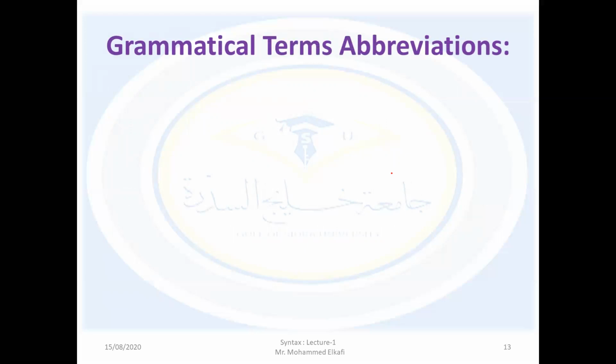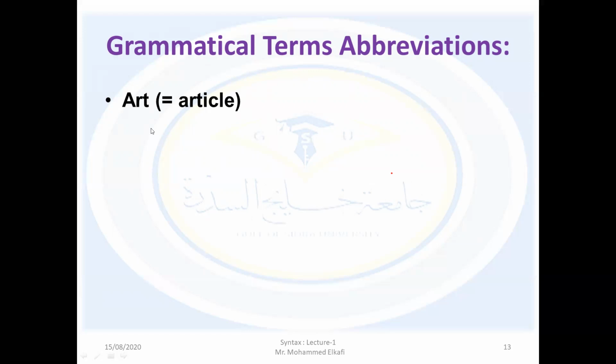Before we take an example that explains labeled and bracketed analysis, it is very important to think of the labels, the forms of labels used here. You will find some grammatical terms, or abbreviations of grammatical terms, that are used.